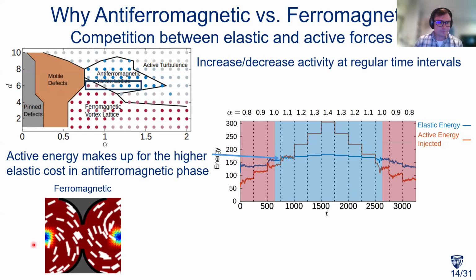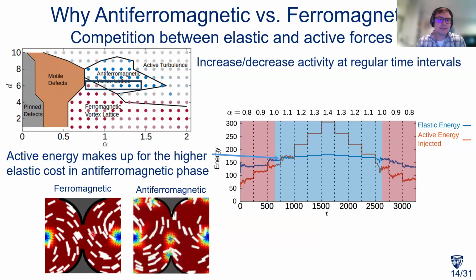In both vortex lattices, the director takes a chiral structure because of the chirality of the vortex. If it's ferromagnetic, the chirality does not change, and so the director does not need to change as it goes across one of these boundaries. And so it has a smaller elastic energy cost.